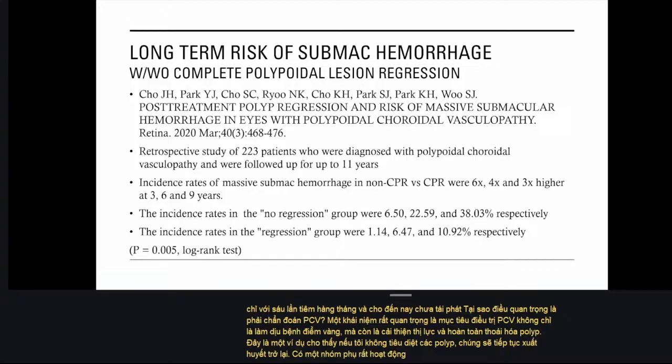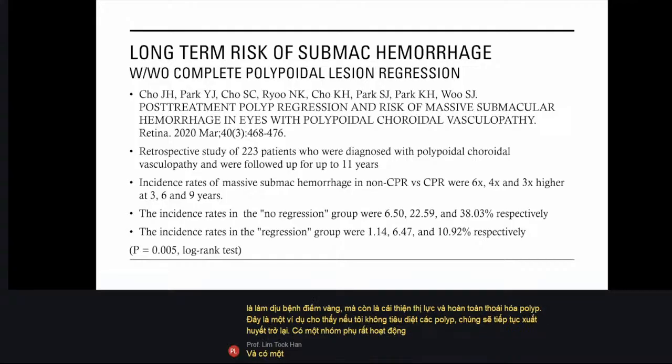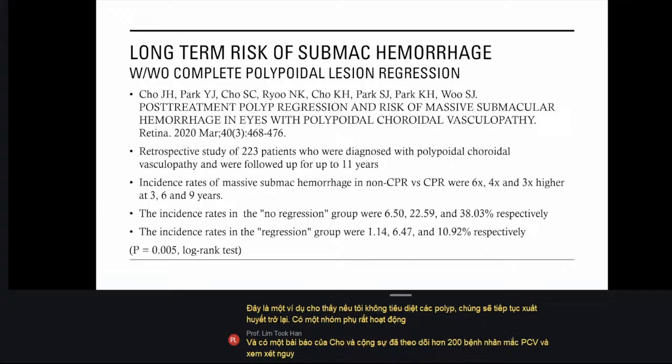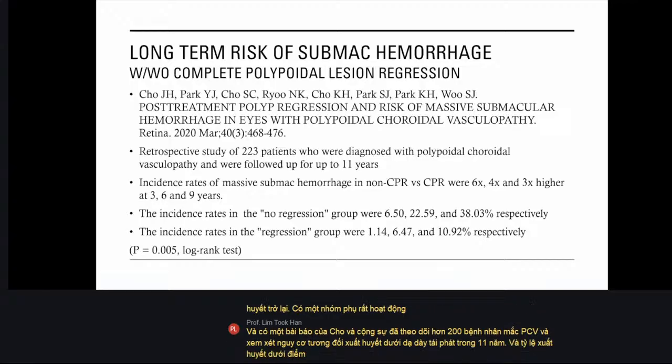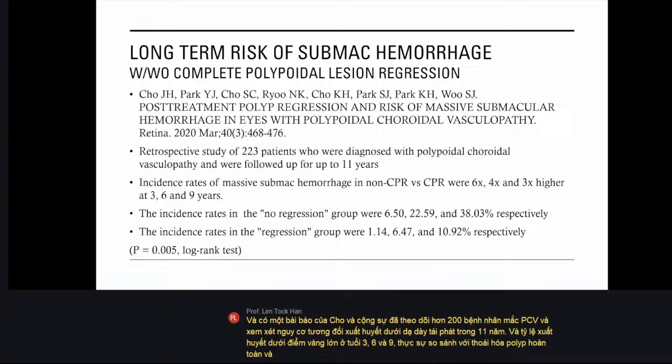And there's a paper by Cho et al. that followed up over 200 patients with PCV and looked at the relative risk of recurrent submac hemorrhage over 11 years. And the incidence rate of massive submacular hemorrhage at 3, 6, and 9 years, comparing with complete polyp regression and without complete polyp regression, is a world of difference.